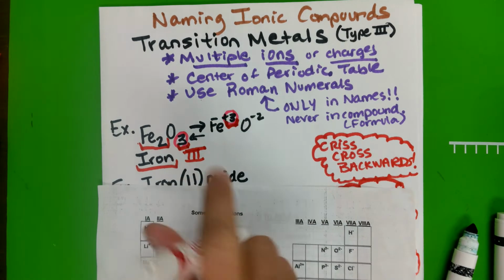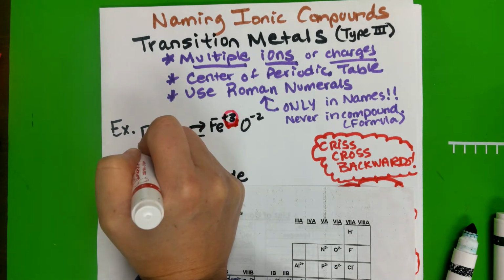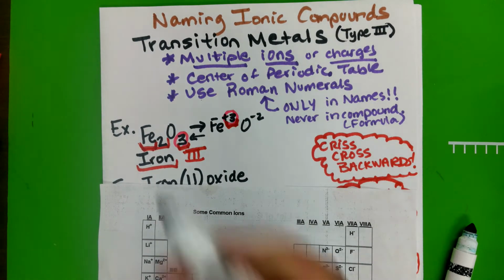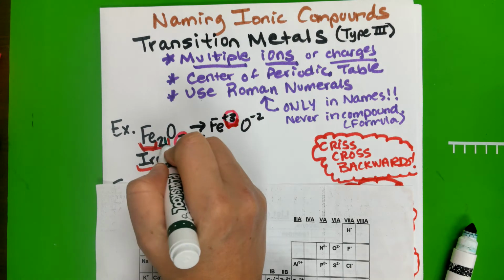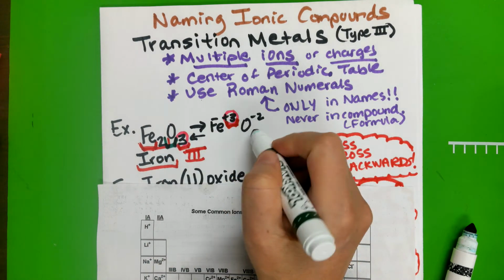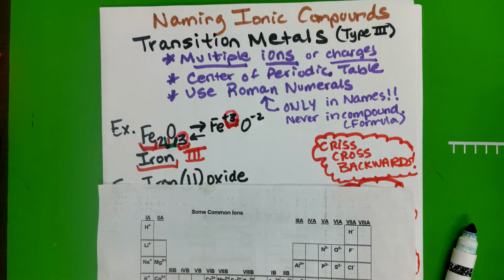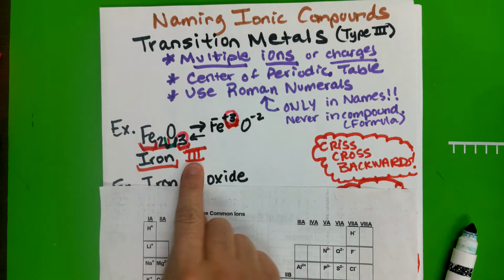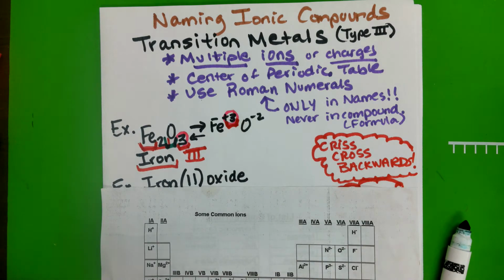I should keep iron only here. And then the oxygen is right here. The oxygen would just be oxide, so you don't even have to worry about the 2. It's just oxide. So this is iron 3, and this will be oxide.